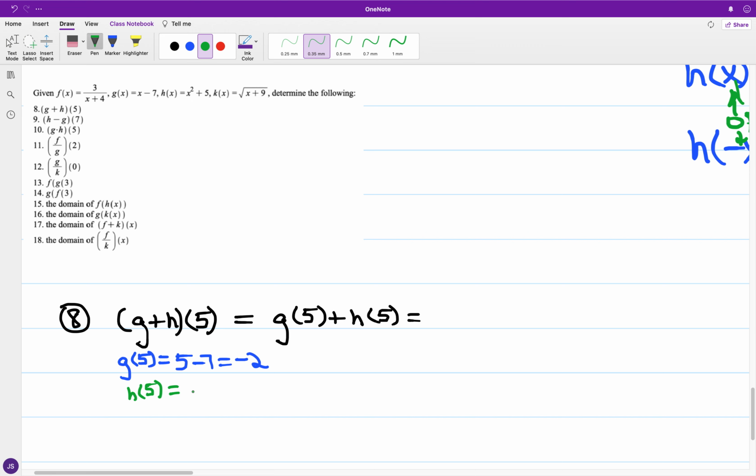So we have 5 squared plus 5. 5 squared is 25, and 25 plus 5 is equal to 30. With the inputs specified, g of 5 is negative 2 and h of 5 is 30, so we have negative 2 plus 30, and this will come out to 28.